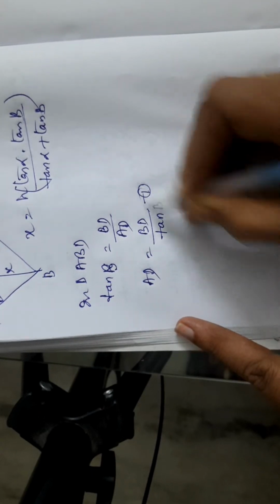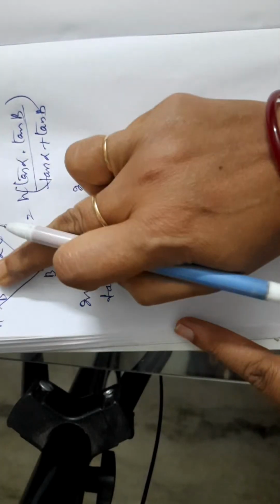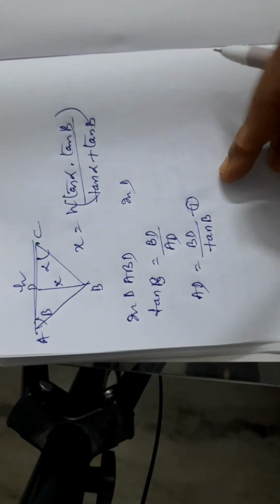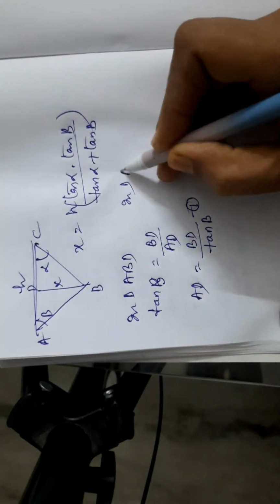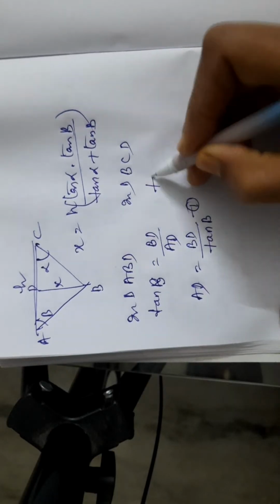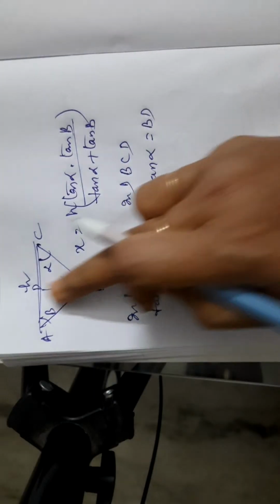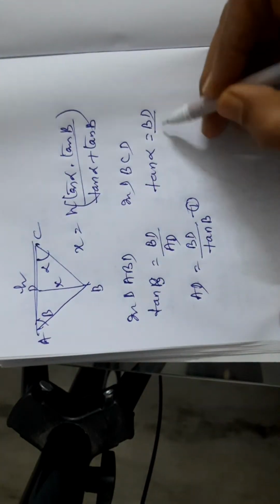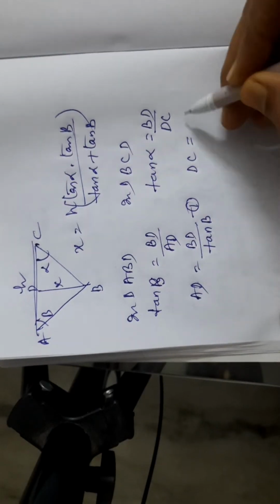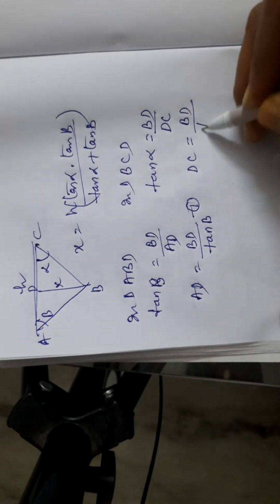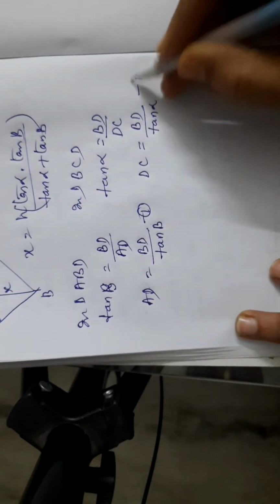Let this be the first equation. Now in triangle BCD, tan alpha is perpendicular upon base DC. Again calculate the value of DC. DC is BD upon tan alpha. So this is the second equation.